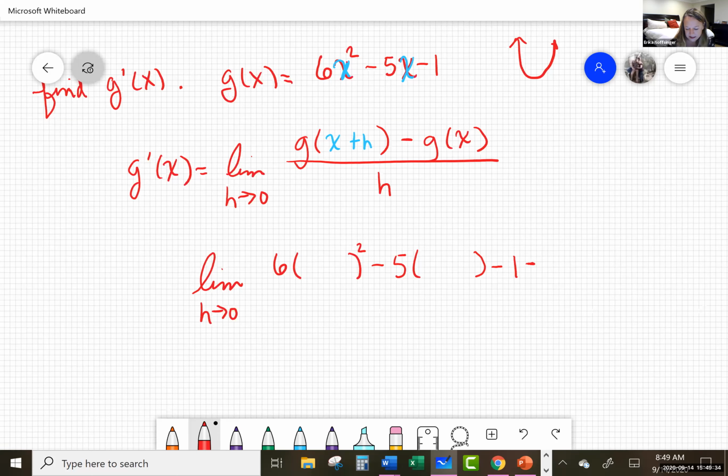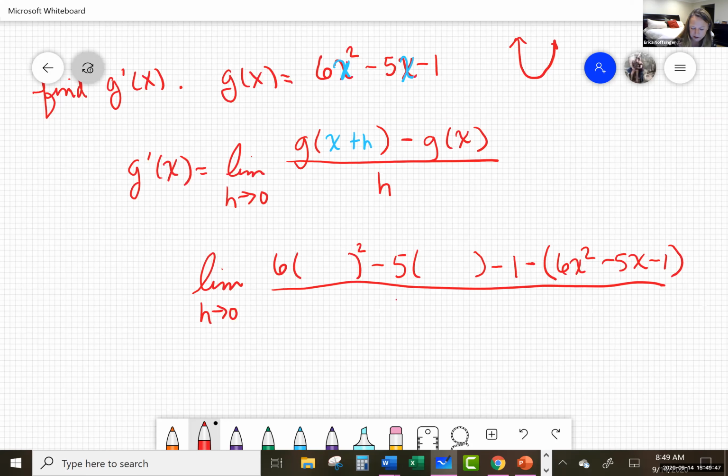So minus, let's put parentheses around this whole function g of x. So 6x squared minus 5x minus 1. And then we're putting that whole thing over h. And back in the beginning, I'm just going to replace in x plus h wherever I left that parentheses.